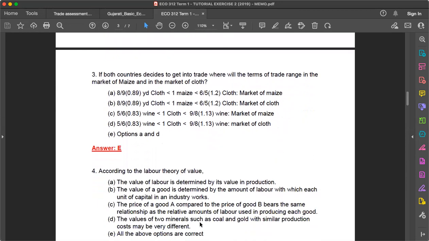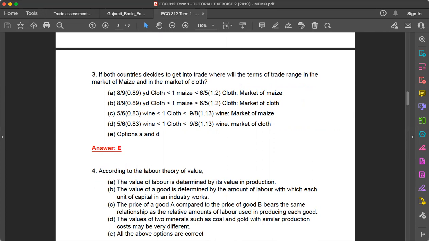Right. Then according to the labor theory of value, look at how theory is a common theme in the questions. So this is what you need to look out for as well. You have the following options, A, B, C, D, E. And you can just pause, think about it. What do you think the answer could be? Also note that there's a chapter that you need to refer to.